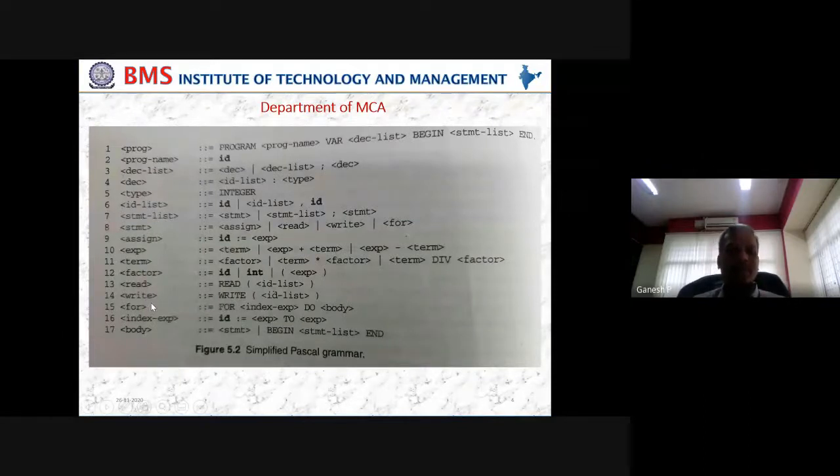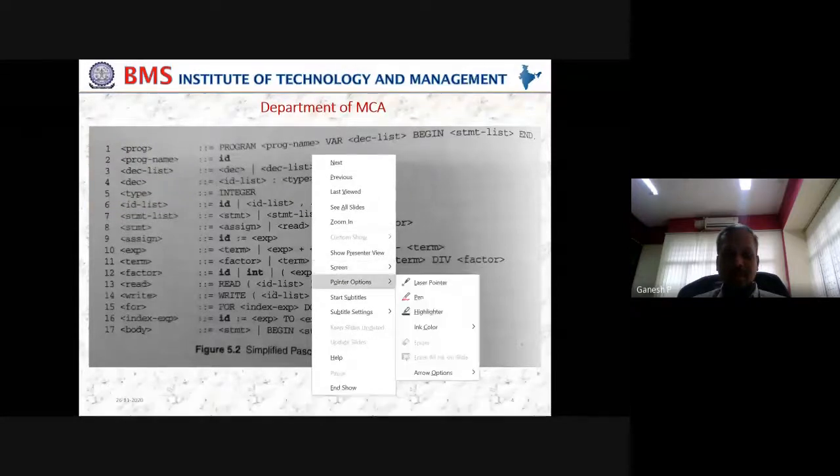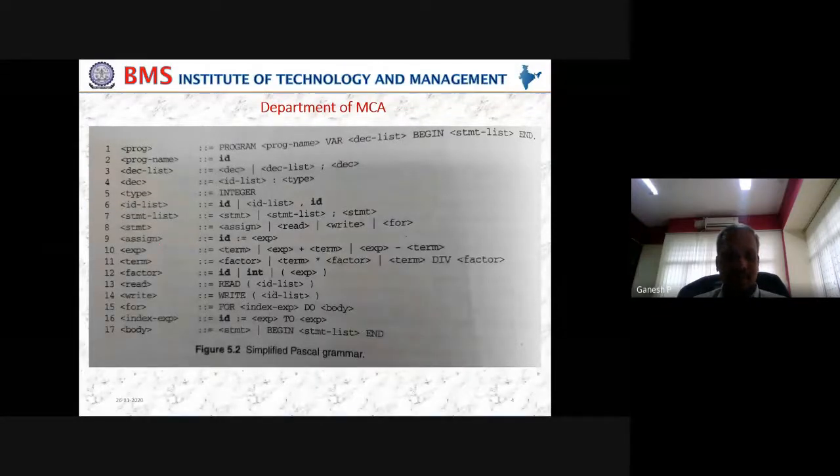All of them on the left-hand side, kept in angle brackets, are non-terminal symbols. For each of these non-terminal symbols, a method or a procedure is written internally as far as recursive descent parsing is concerned. Okay, and if you observe the grammar here, each non-terminal symbol will have either terminal symbols or non-terminal symbols.